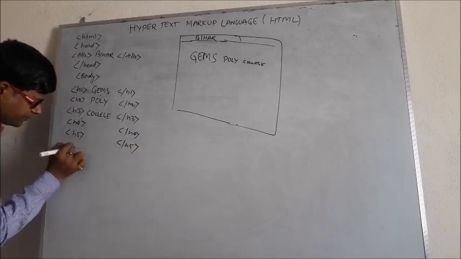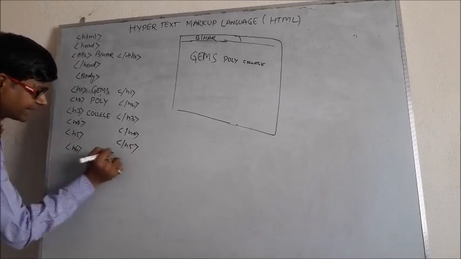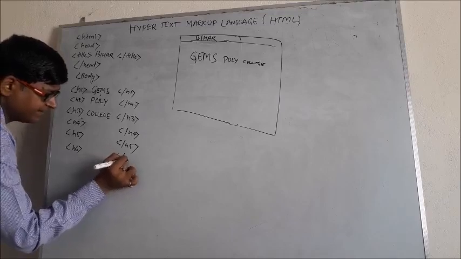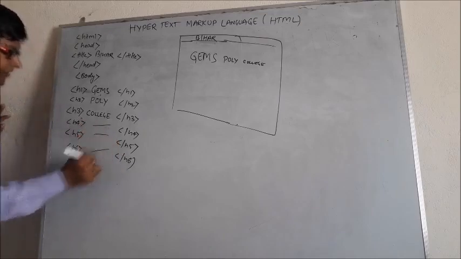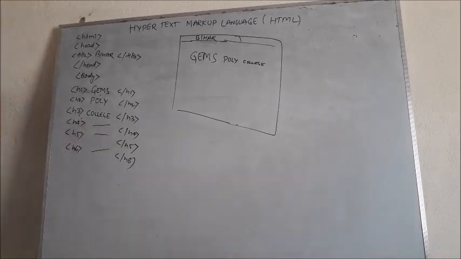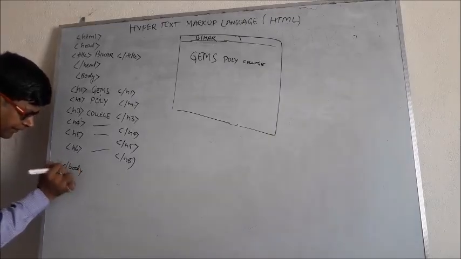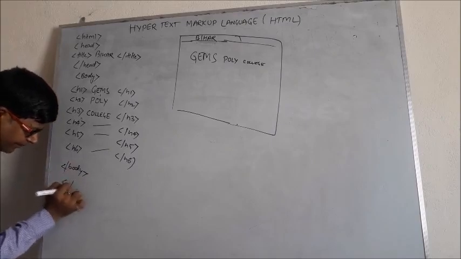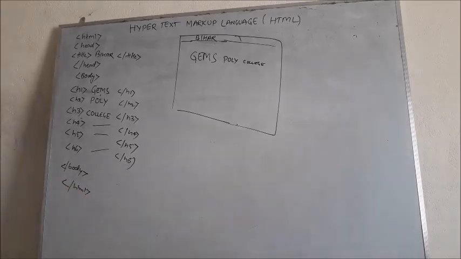And the last one is your h6, and here you can write any text whatever you want, and finally it can end with your closing body. This is your closing body, followed by this closing HTML.